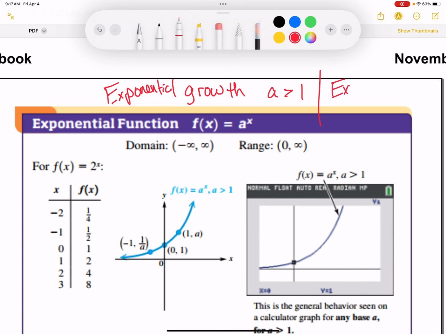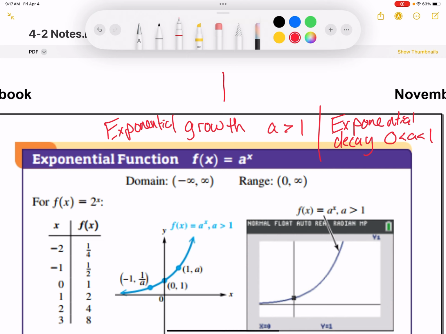And then you have exponential decay when A is greater than 0 but less than 1. So exponential growth looks like, growth is like this.